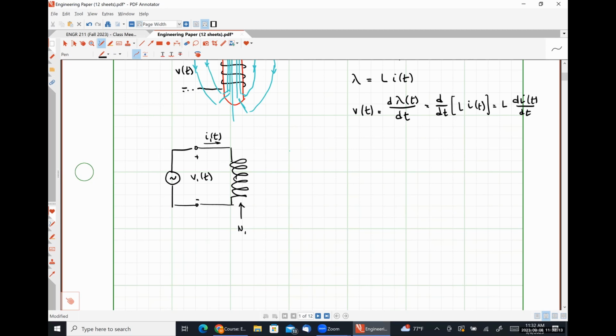And then let's put over here a secondary coil. This secondary coil has N2 turns, and I'm going to open circuit it.